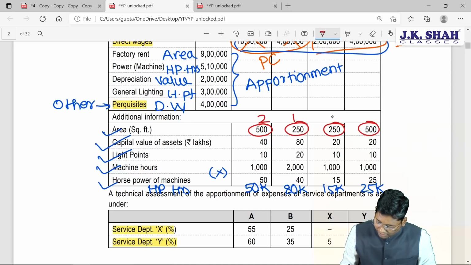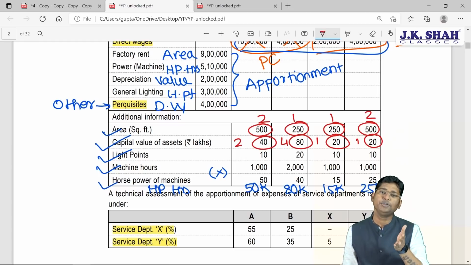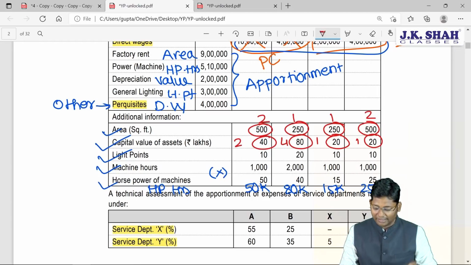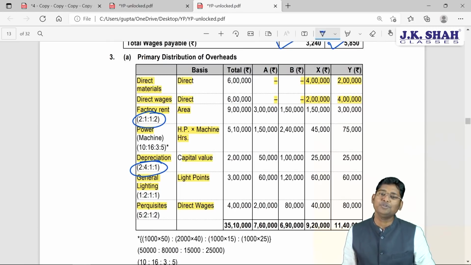It is 2:1:1:2. If you check the value of asset, then the ratio is 2:4:1:1. This ratio you can easily compute by considering the given information, and in the same ratio you need to bifurcate the available amount. See, the rent ratio, then your value ratio, all the ratios are given in the question.